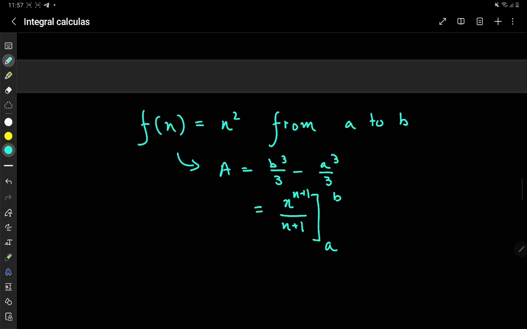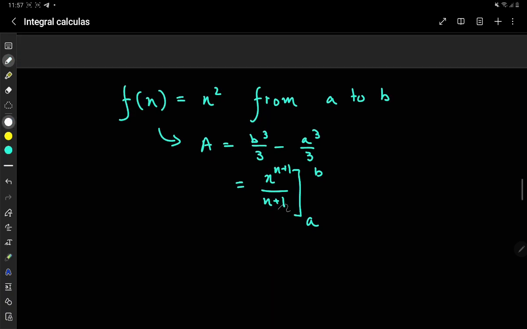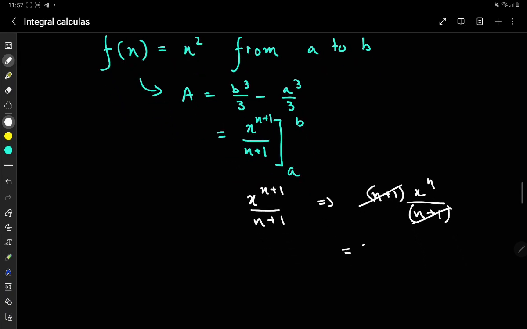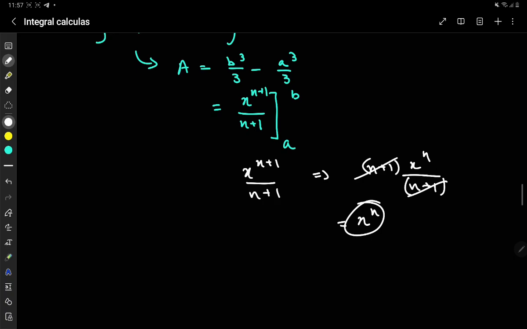Another really interesting discovery was that when he differentiated x to the power n plus 1 by n plus 1, he found n plus 1 times x to the power n divided by n plus 1, so that is basically x to the power n. So when he differentiated this function, he found x to the power n, and the area function was found to be the antiderivative of the function whose derivative he had found.